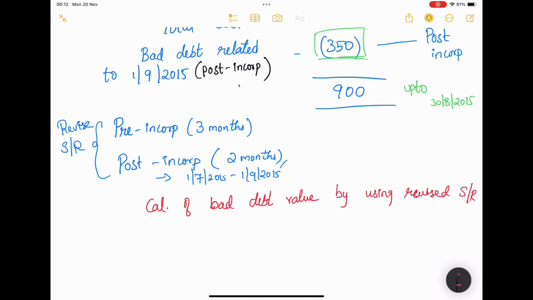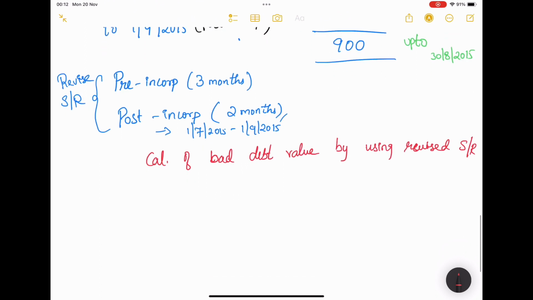Got it? So how am I going to identify that? First one, pre-incorporation sales. We have identified our sales value as 1, isn't it? Into how many months we are having here? We are having 3, so 3 is the value.